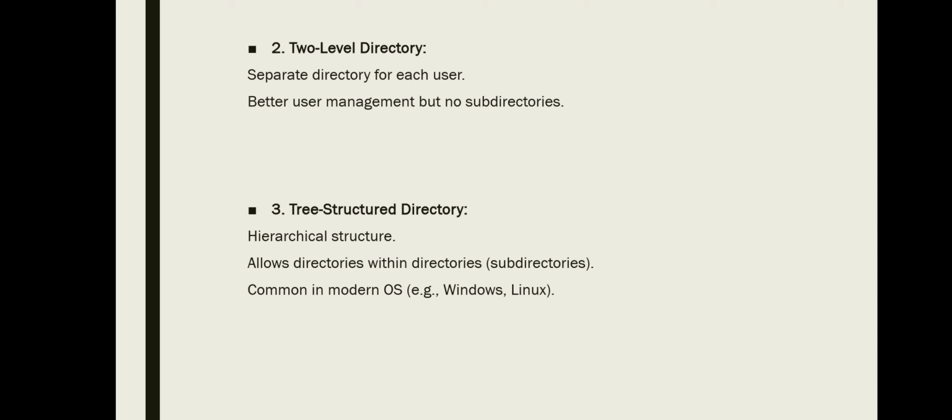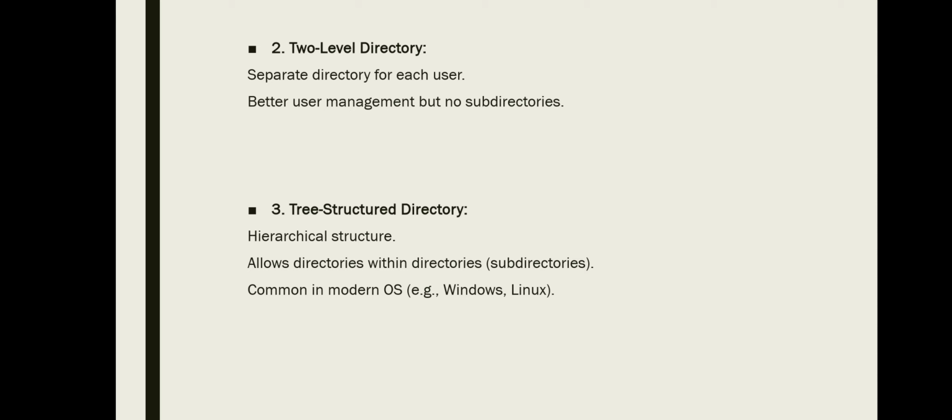Next is the two level directory. In the two level directory, there is a separate directory for each user, giving better user management but no subdirectories. As we have seen, a single level directory often leads to confusion of file names among different users.